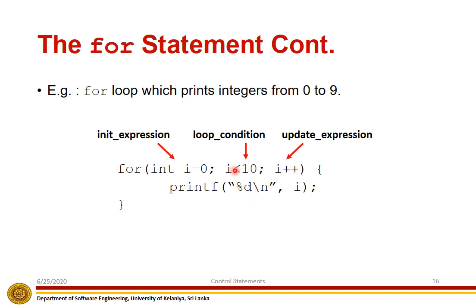Then again check the condition, 2 is less than 10. Then it prints 2. This will go until 9. When 9 is less than 10, it will print 9, and 9 plus 1 is 10. 10 is not less than 10, so the for loop will terminate.